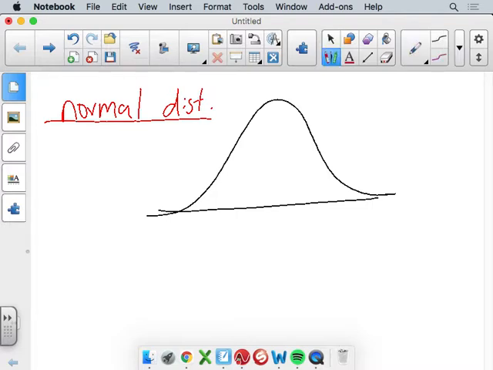I'm trying to think of all the different things. Let's go for, isn't 100 an average IQ? Let's talk about IQ. I think an IQ test follows a pretty normal distribution. Let's say you have an average IQ of 100.